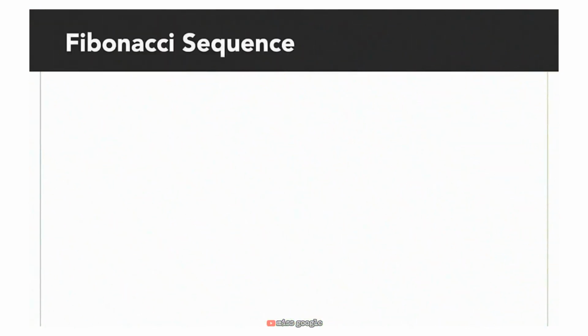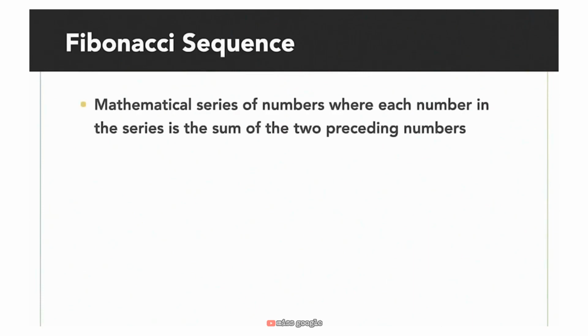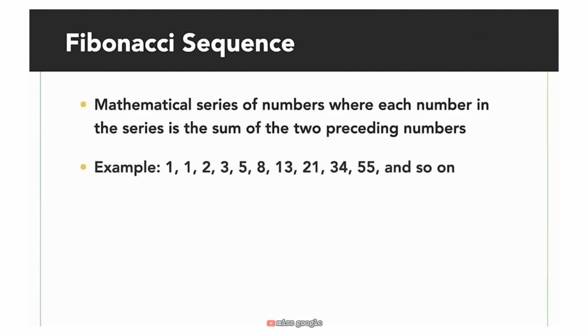To see this error in action, I created an app that involves the Fibonacci sequence. The Fibonacci sequence is a mathematical series of numbers where each number in the series is the sum of the two preceding numbers. 1 plus 1 equals 2, 1 plus 2 equals 3, 2 plus 3 equals 5, and so on.